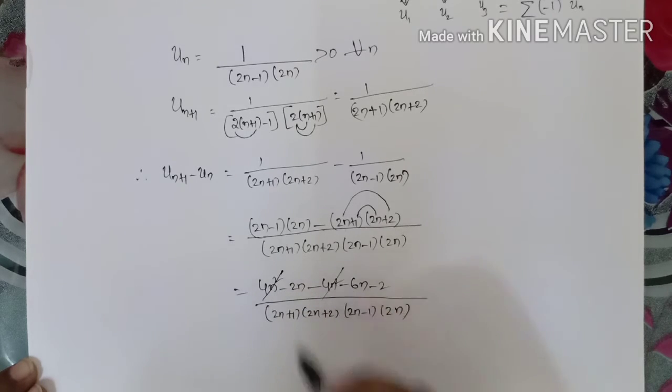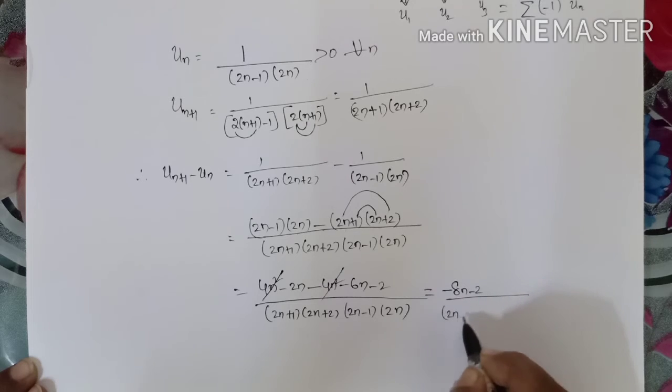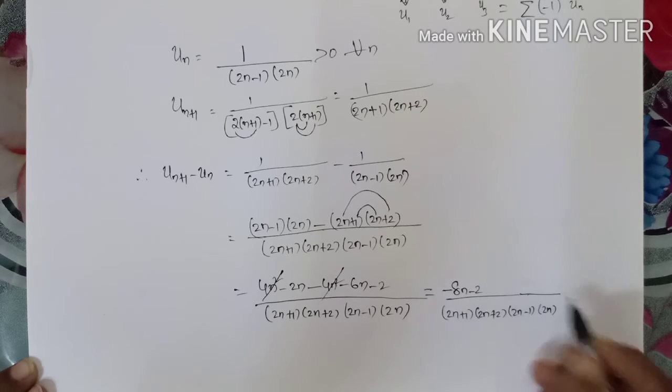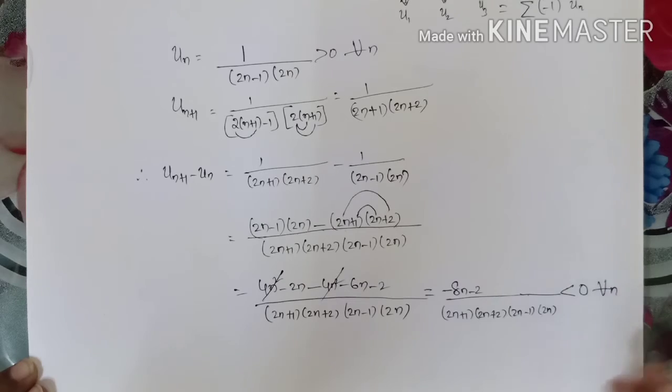Cancel 4n square. This is equal to minus 8n minus 2 by (2n plus 1) into (2n plus 2) into (2n minus 1) into 2n. We are getting negative quantity, that is it is less than 0 for all n. Therefore, u(n+1) minus u(n) less than 0 for all n.